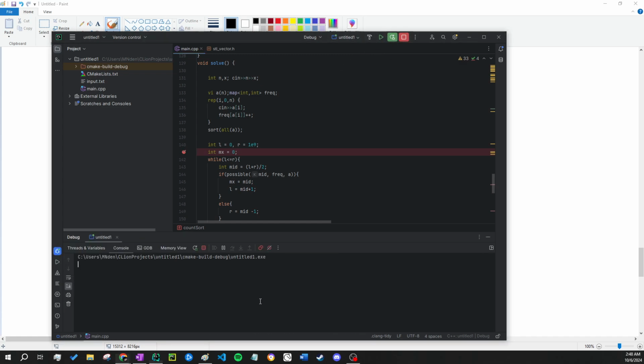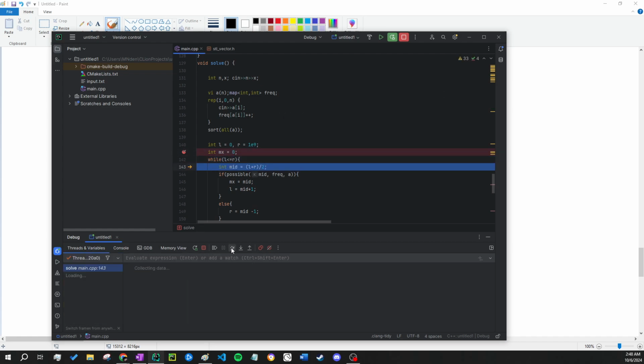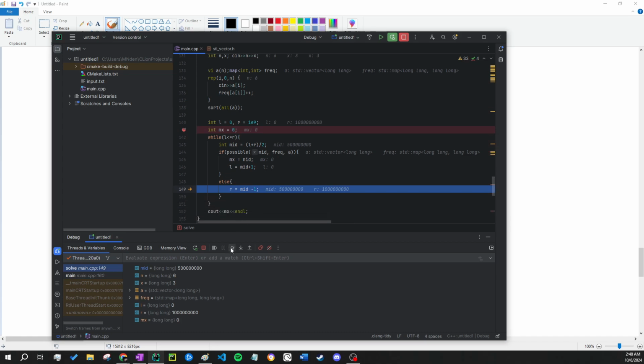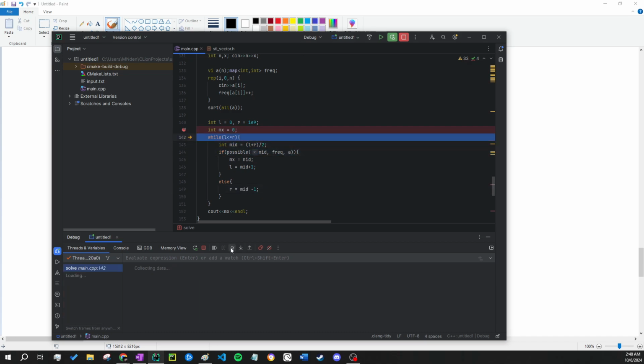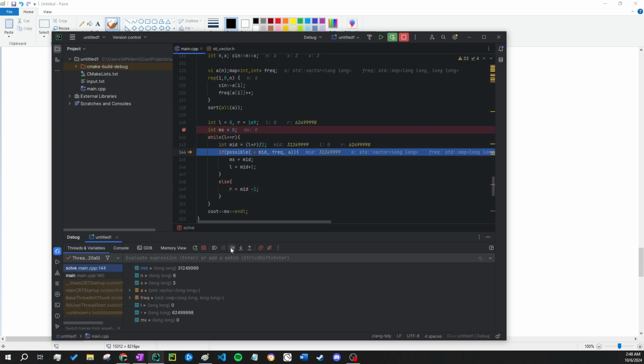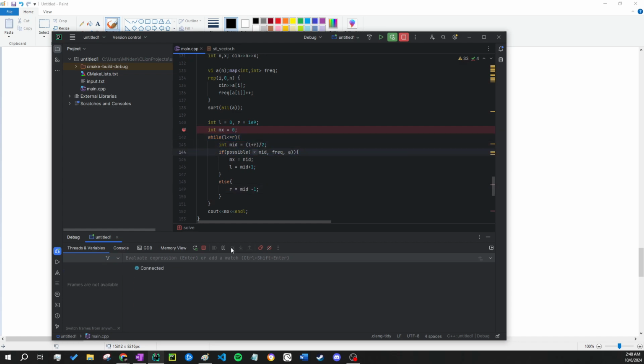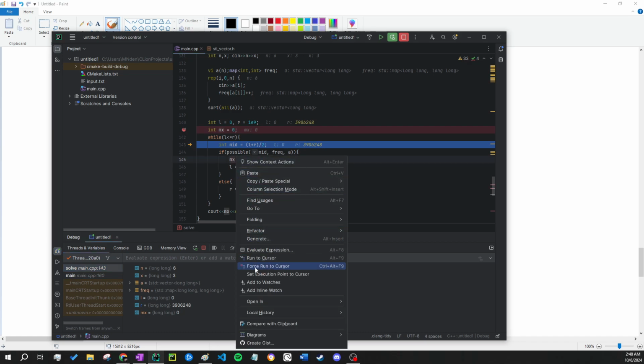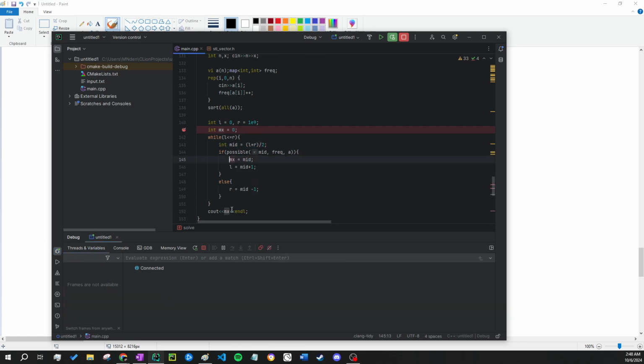Let's see why it's giving an infinite loop. Let's see if it ever branches here. Oh, it stops. It never goes under. That's an issue.